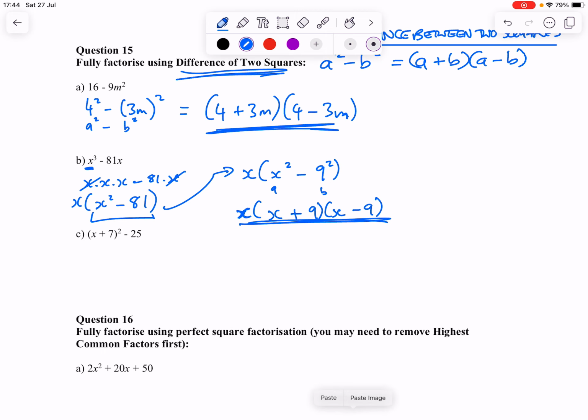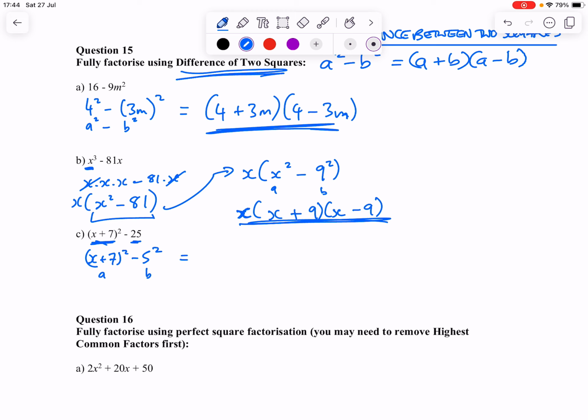This one looks weird, but you're being told to use difference of two squares, and you'll notice that this is a square number because it's being squared. x plus 7 looks weird, but you're squaring it, so it must be a square number, and 25 is also a square number. So rewrite it to help you. Take 5 squared, so you've got your A is x plus 7, your B is 5.